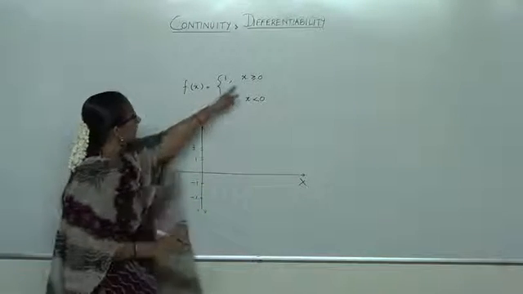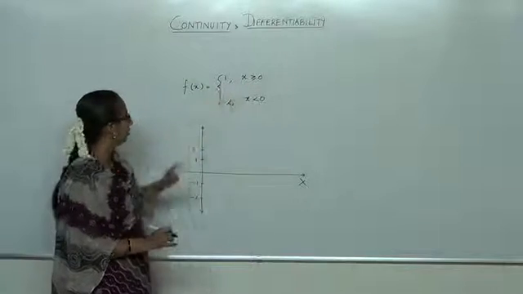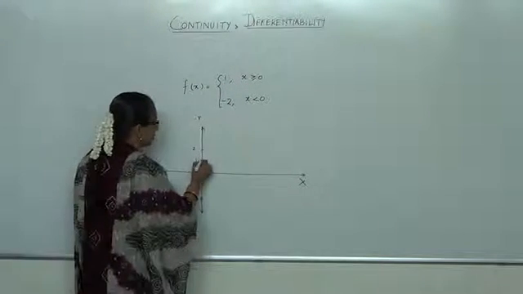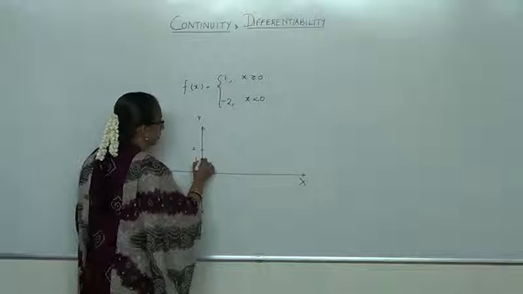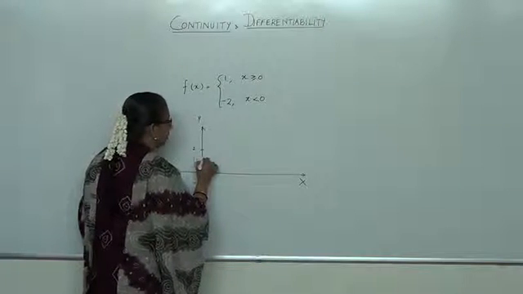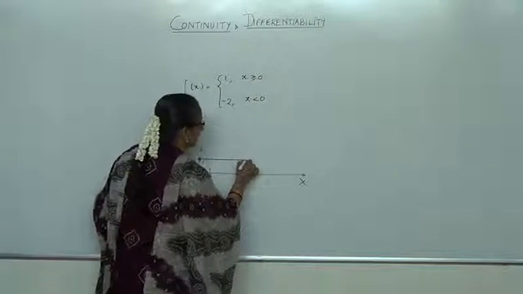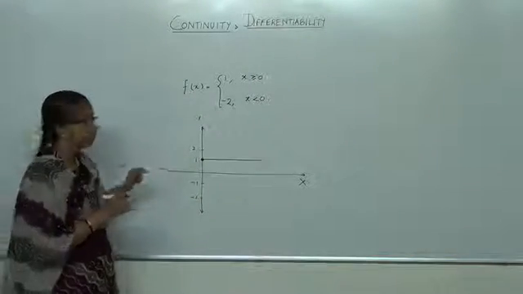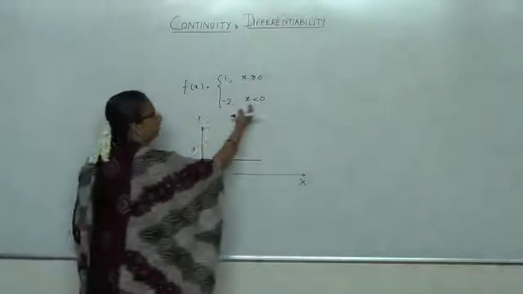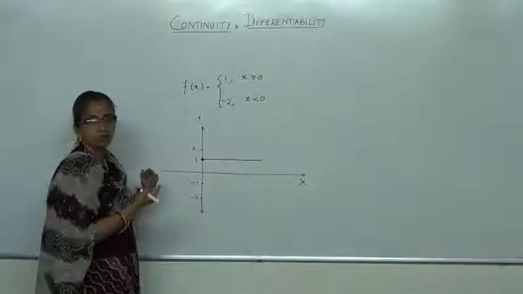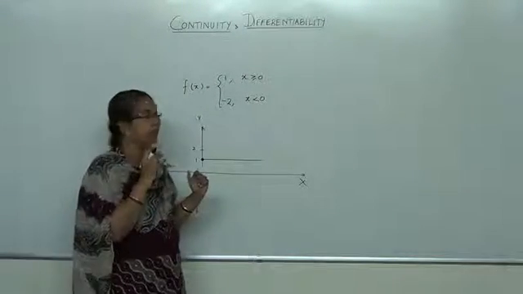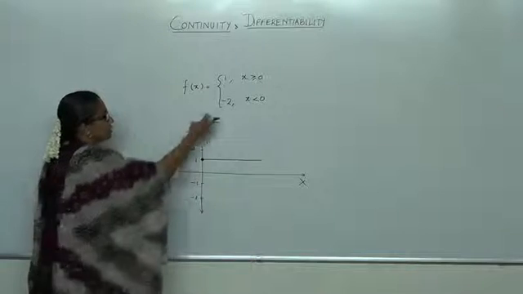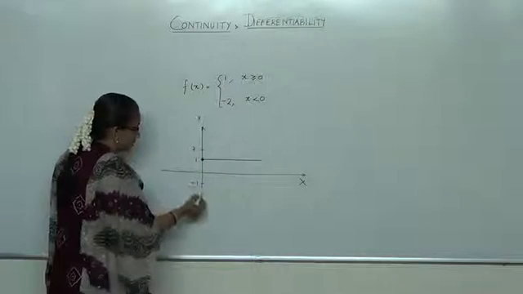For x greater than or equal to 0, the value of the function is equal to 1. So at x is equal to 0, the value is 1, and for all values of x greater than 0, the function will assume the value equal to 1. For all values of x less than 0, that is when x takes all negative values, the function is going to take the value minus 2.